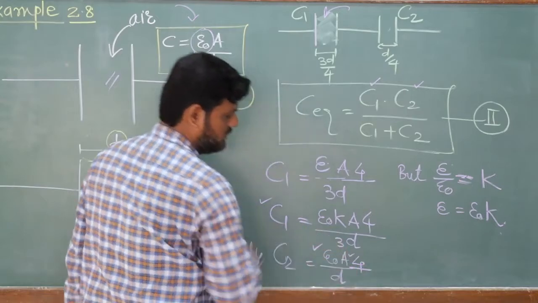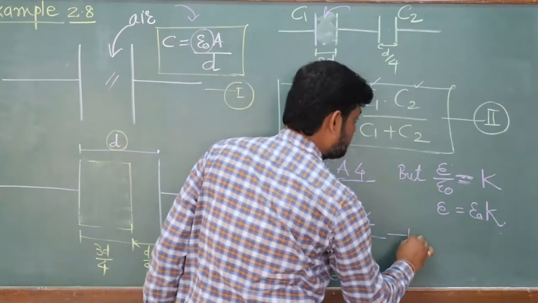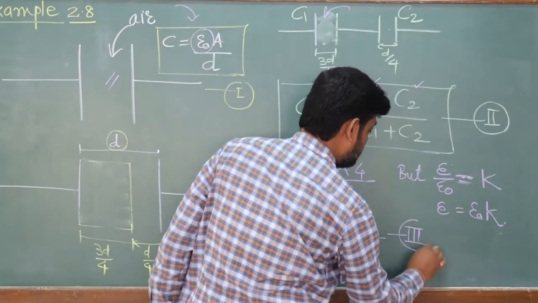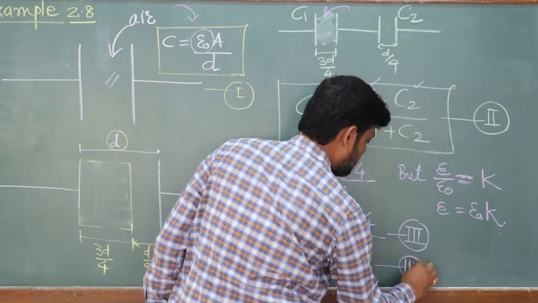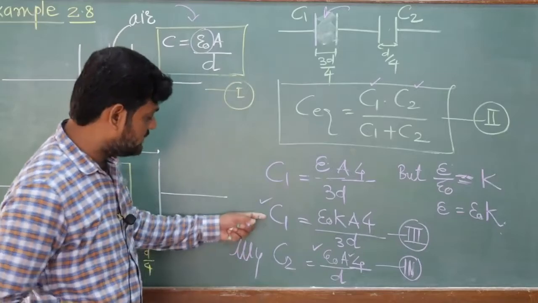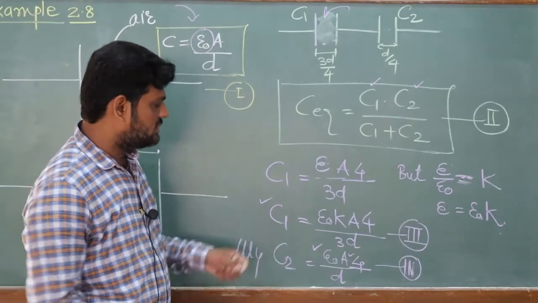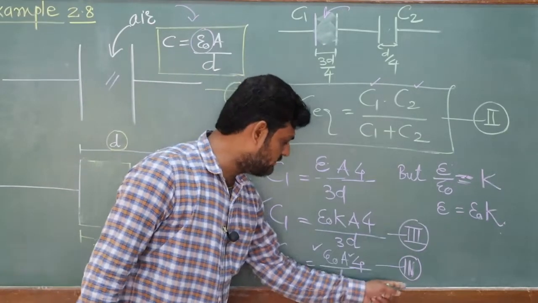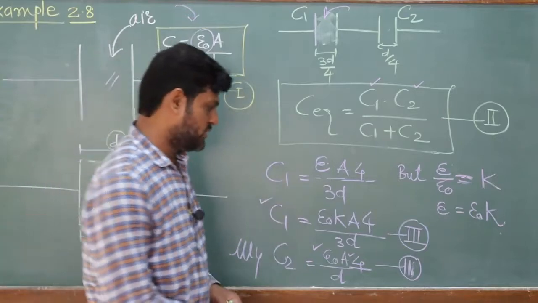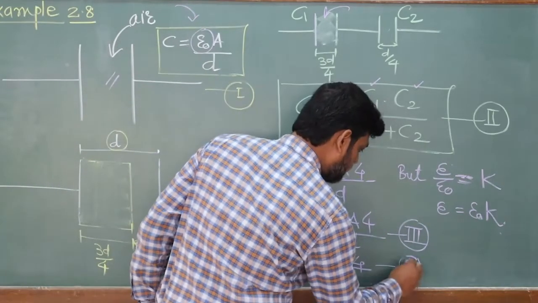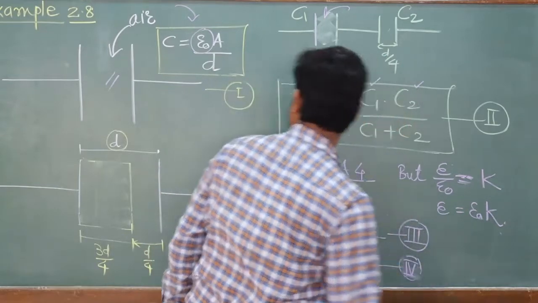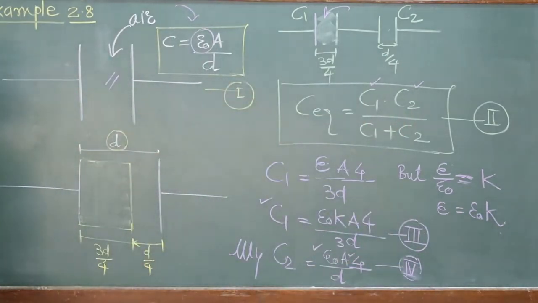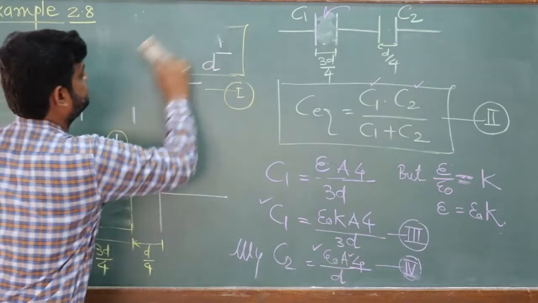So these are equations number 3 and 4. Now we will put the values from equations 3 and 4 in equation number 2. Now we are going to erase this diagram.